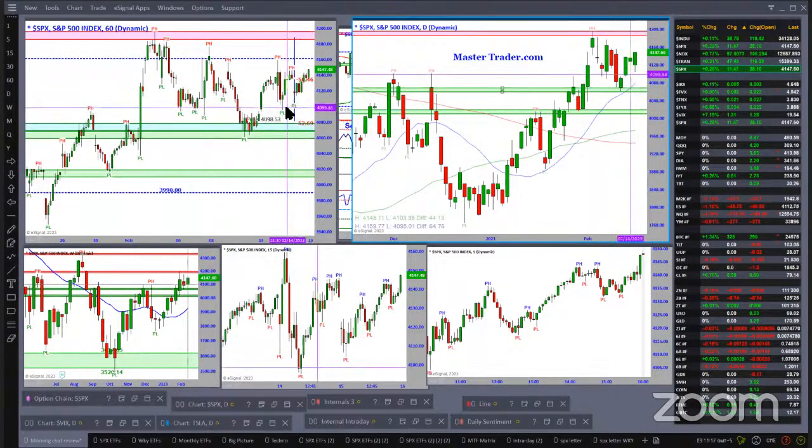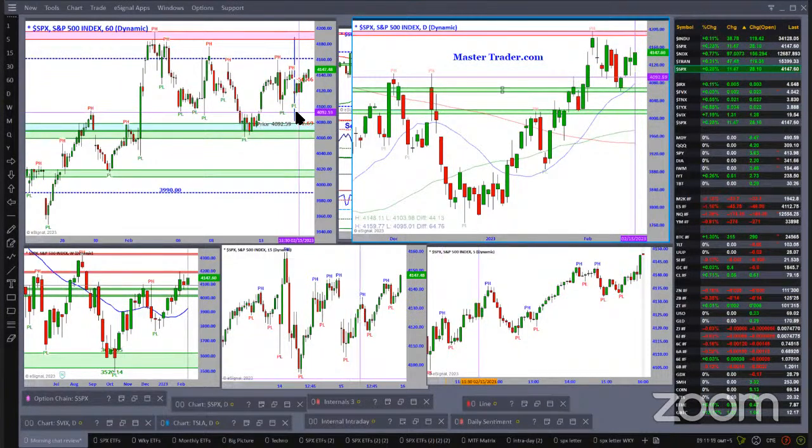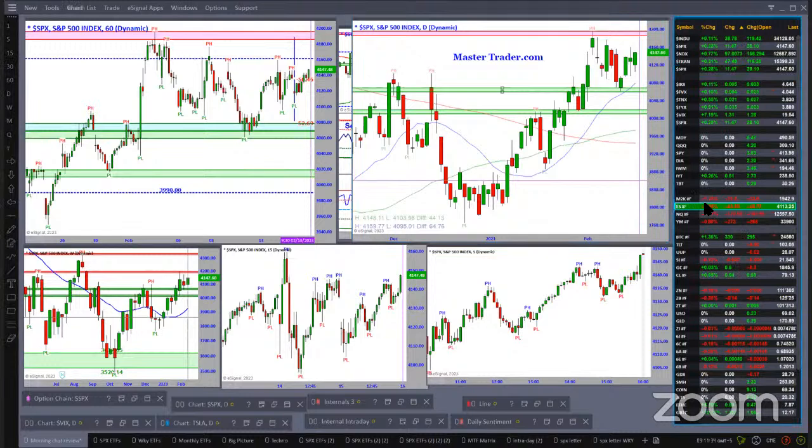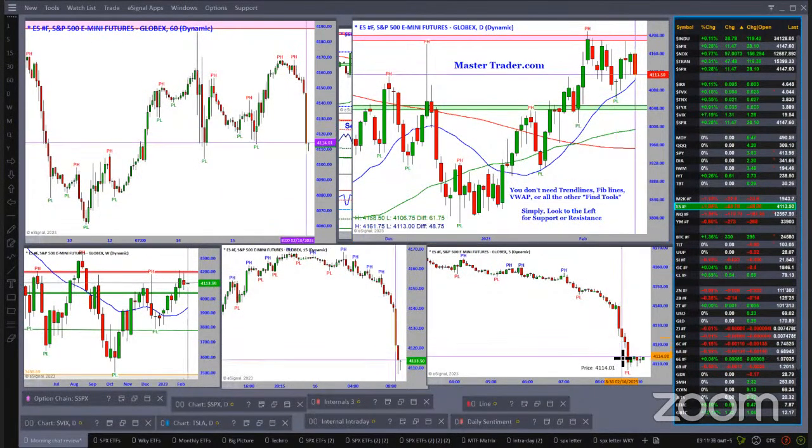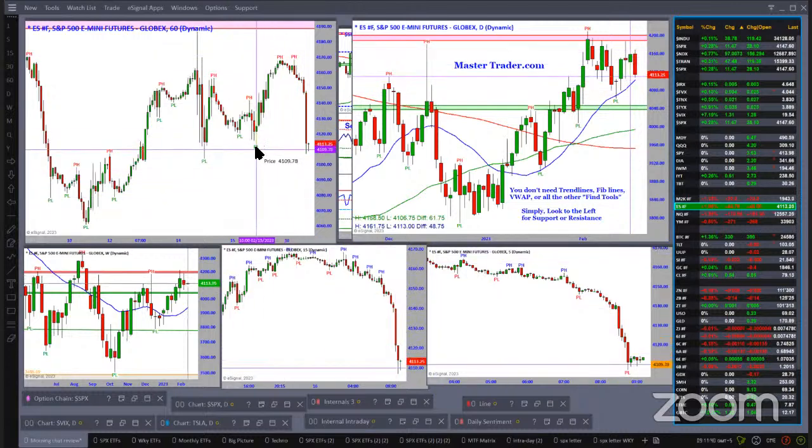So again, gapping down here near buyers, but the downside, especially if it pokes lower in the first few minutes to get something down here, that'll be a no-brainer. And of course, we always want no-brainers with credit spreads. Futures stabilized on the pivots.